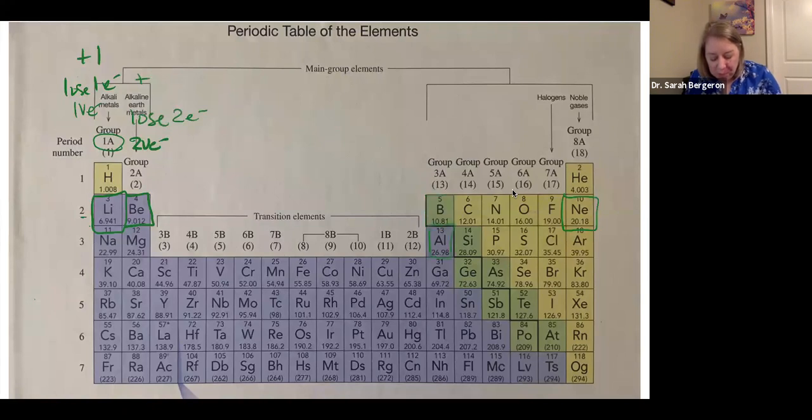So aluminum. Aluminum has 3 valence electrons. If aluminum has 3 electrons, what's aluminum going to want to do? It's going to want to lose 3 or gain 5. Easier to lose 3. So we're going to lose 3 valence electrons, and we're going to have a charge of +3. Okay?